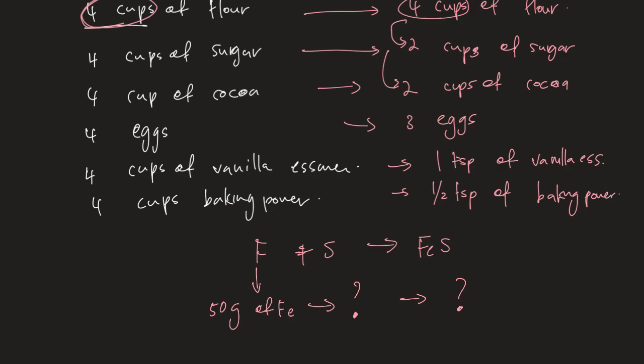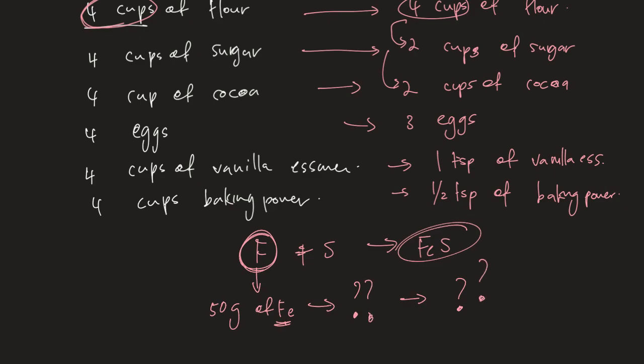If I have a business, for example, making iron sulfide in mass production, I need to make enough for my suppliers. If I make too much, I'm in trouble. So I need to know exactly, if I use 50 grams of iron, how much sulfur am I going to need, and how much iron sulfide?